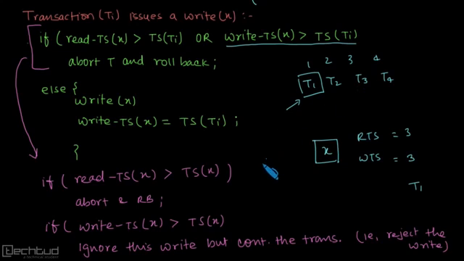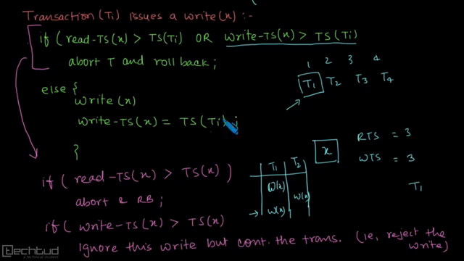So let's say in some schedule I'm taking in between, here we have write X and here again write X. When this write X comes, it means that this later transaction, this is T2 and this is T1, has already performed some write, so we ignore this write, but we continue the transaction.